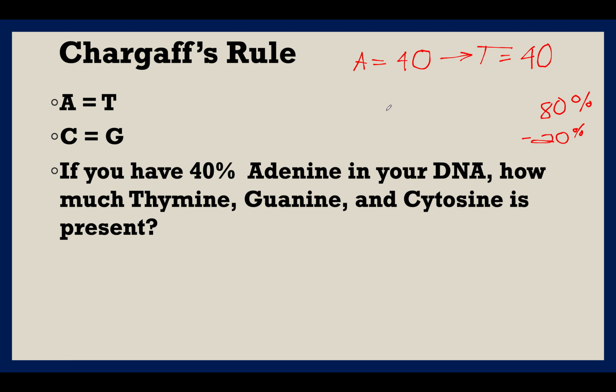Easily, we arrive to the conclusion that C must be equal to 10%, and therefore G must be equal to 10% as well. And all of this would give us the total of 100%. There you have it. That's Chargaff's rule for you.